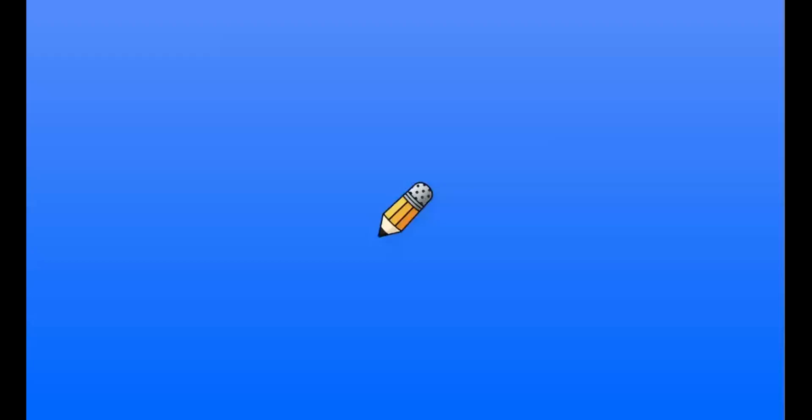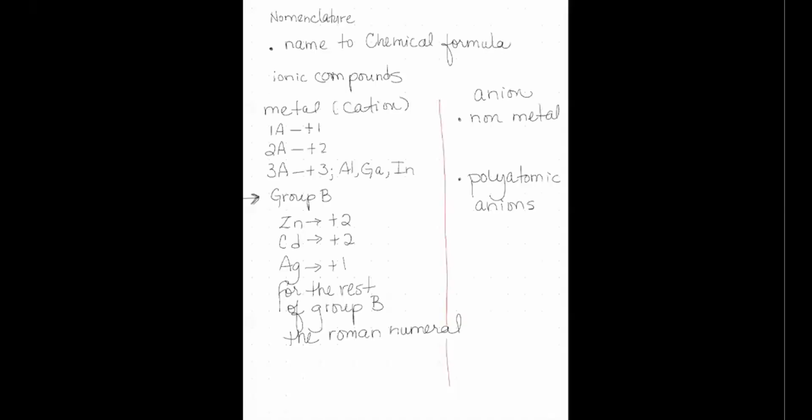So going back to the notes. For the anions, you actually get the names and the chemical formulas for the anions. This is table 6.1 in the textbook on page 168, or slide 10 in the presentation.